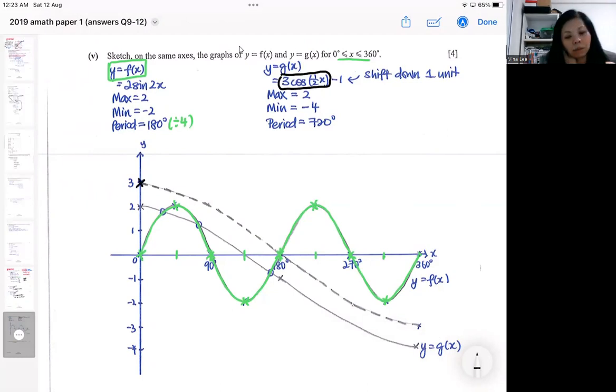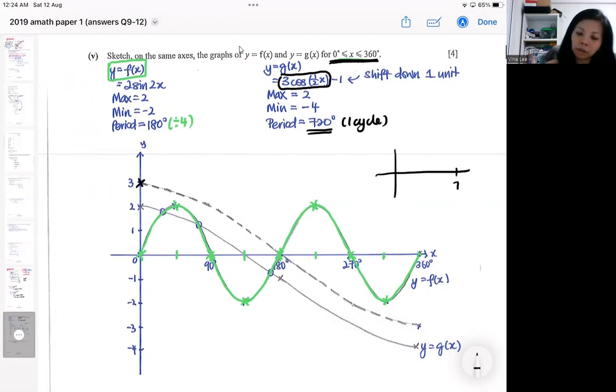Okay, so in this case, this 720 will give me 1 cycle. But if I'm only drawing until 360, that means I can only get half a cycle. So you can just imagine, if it's 720, you divide into 4 sections, you should get a full cycle.